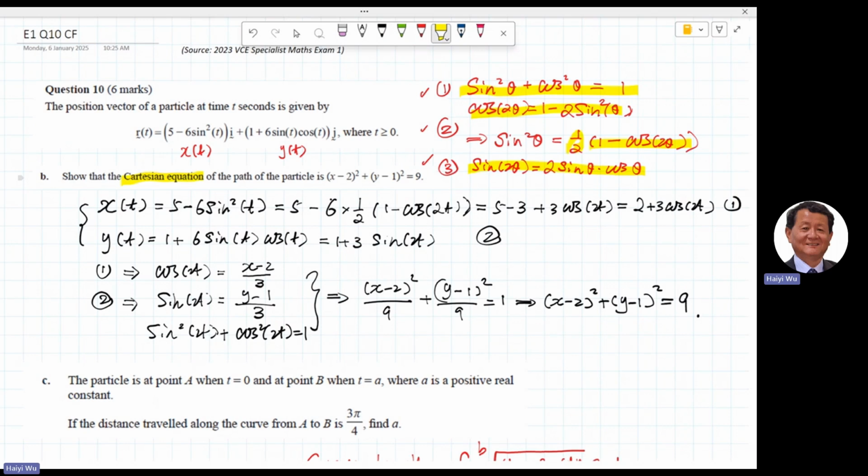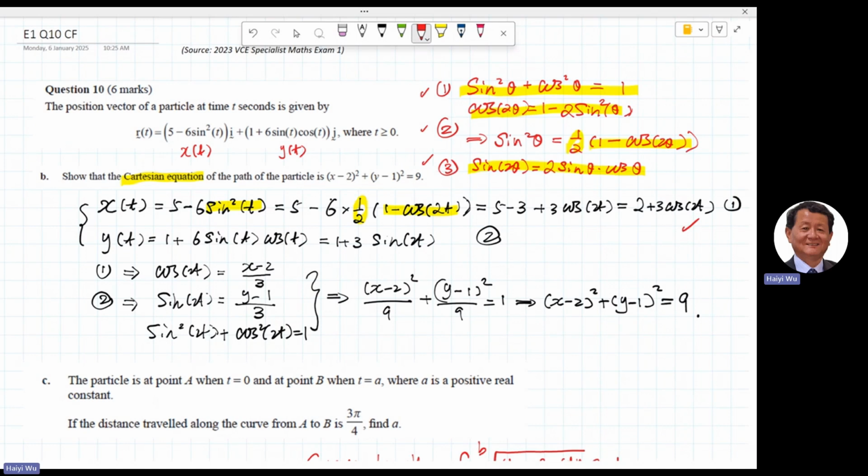When we convert to Cartesian, we need to eliminate t as the parameter. First, I'm going to use the double angle identity to change sine squared to half times 1 minus cosine 2t, so we end up with equation number 1. That's the x(t).